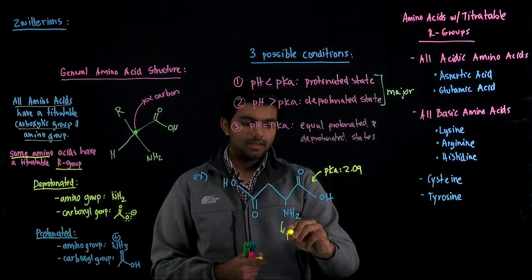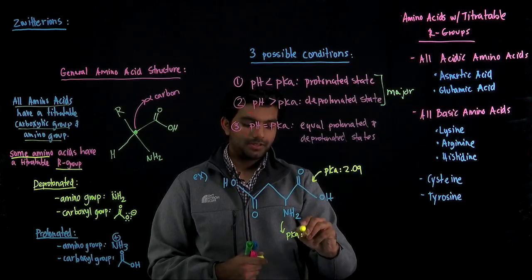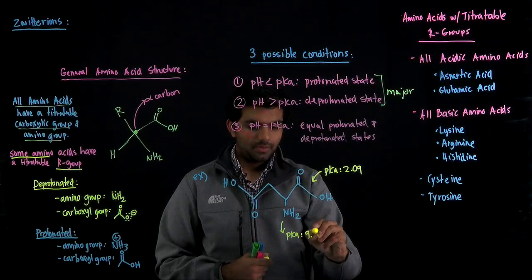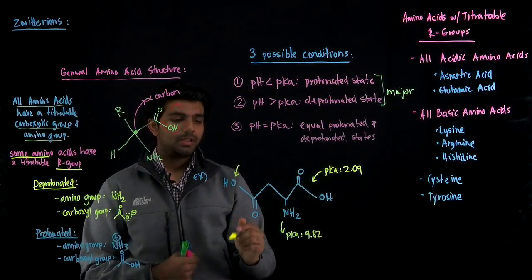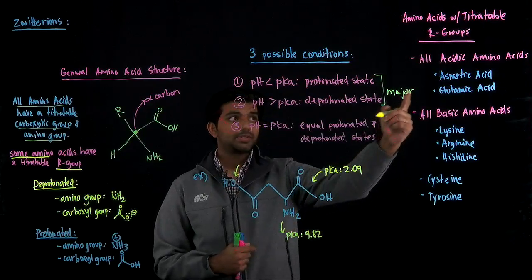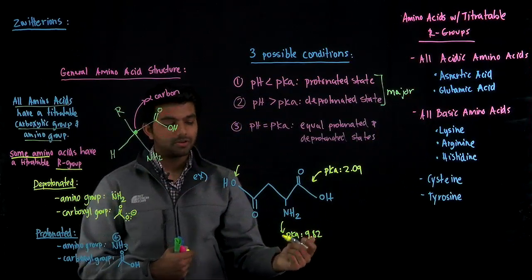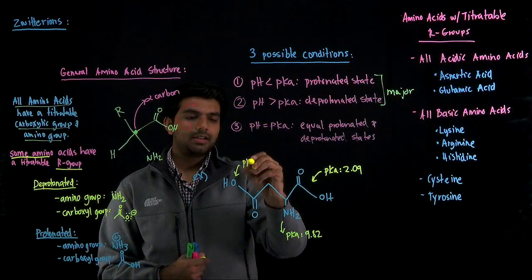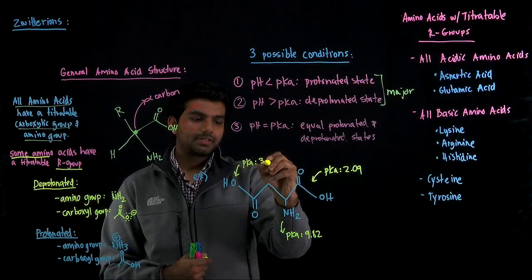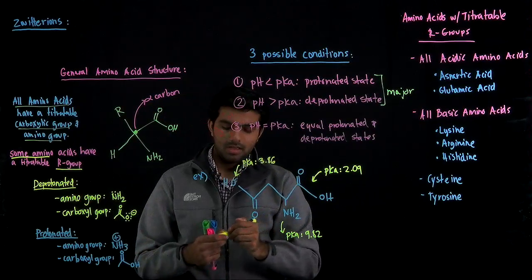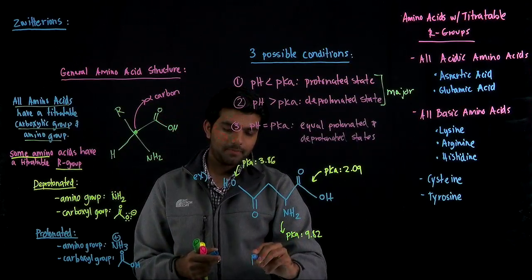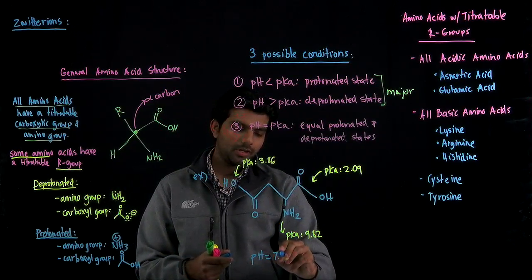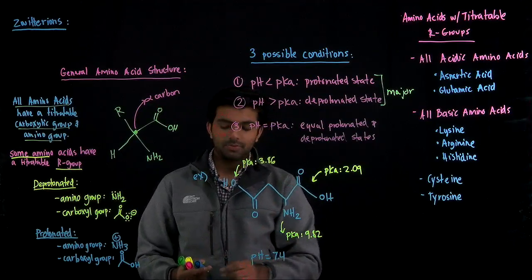The pKa of the amino group is 9.82. And aspartic acid is one of our acidic amino acids, so it has a titratable R group, with a pKa of 3.86. If we were to place this molecule at biological pH, 7.4, we can now titrate the groups accordingly.